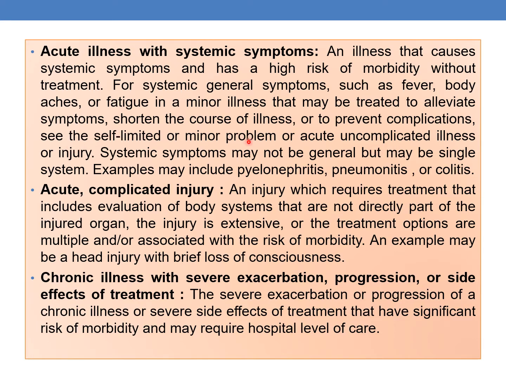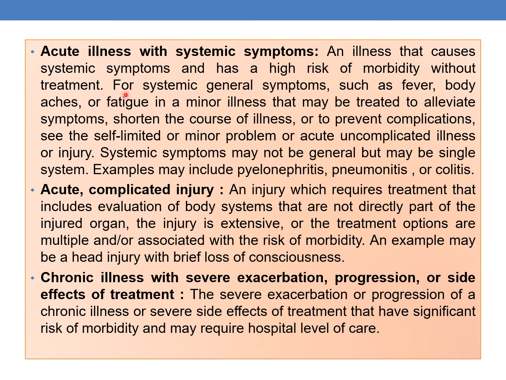See the self-limited or minor problem or acute uncomplicated illness or injury. Systemic symptoms may not be general but may be of a single system. Examples are pyelonephritis, pneumonitis, or colitis.